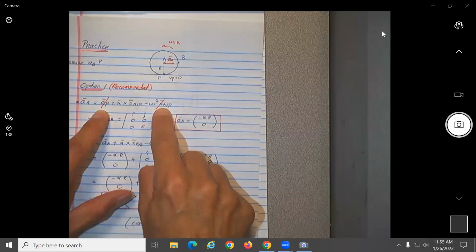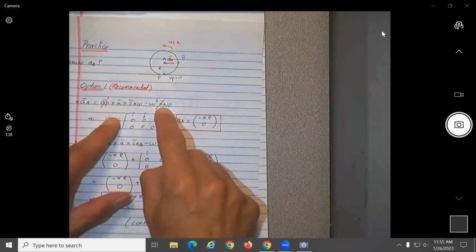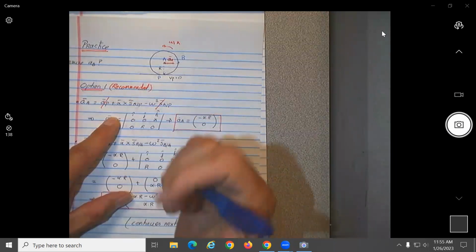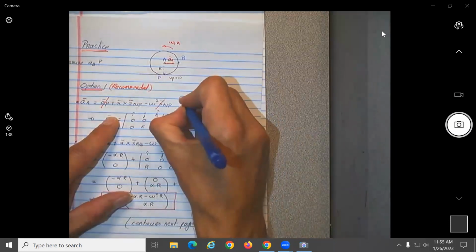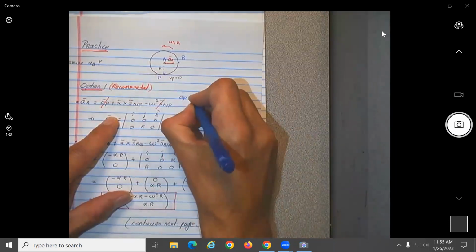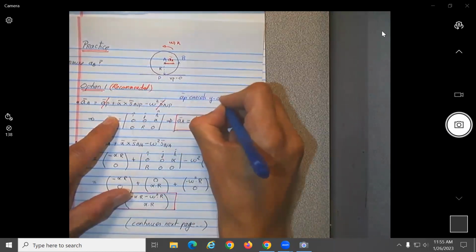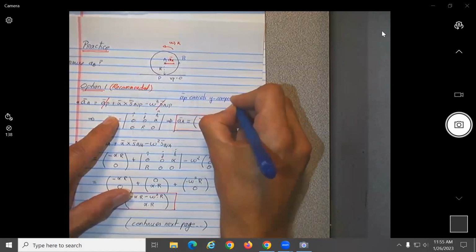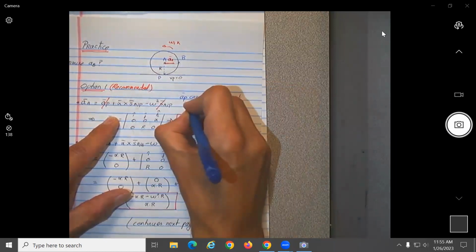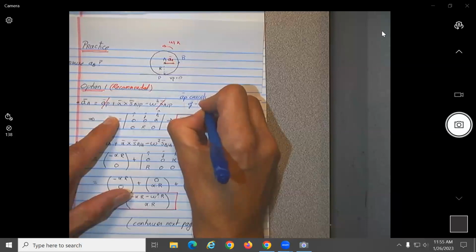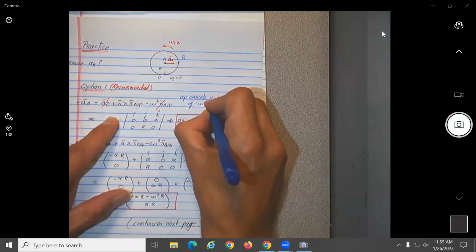But somebody mentioned the important thing: canceling the y component. Correct? A sub P, so maybe it's a good thing to write it down here. A sub P cancels the y component of minus omega squared S of A with respect to P.